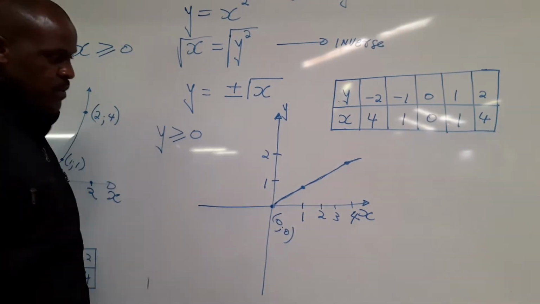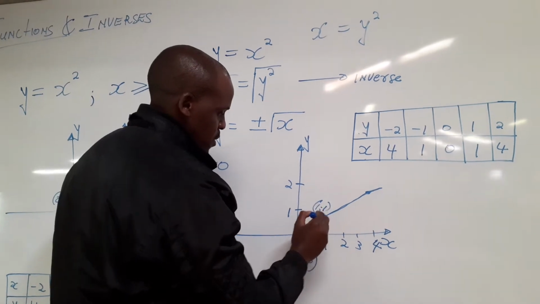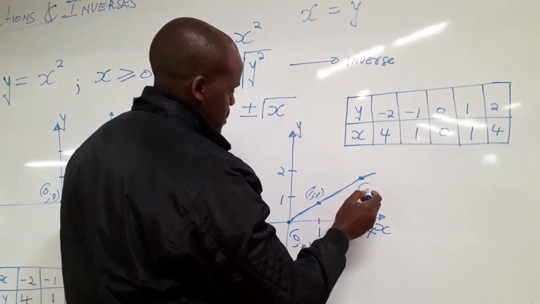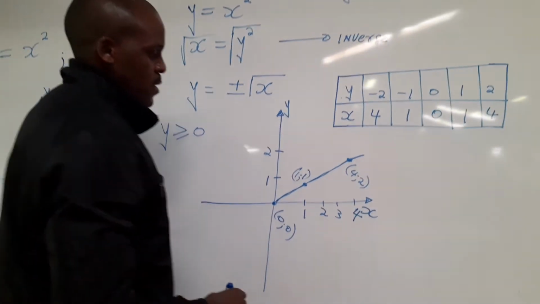Right. This point here, so 1 is to 1. It's a 4 is to 2.